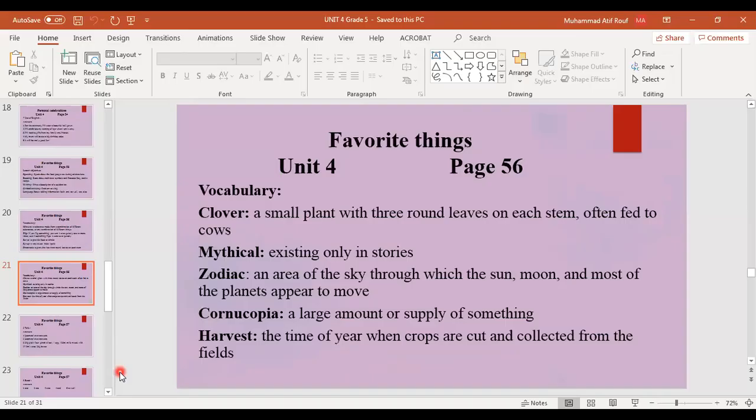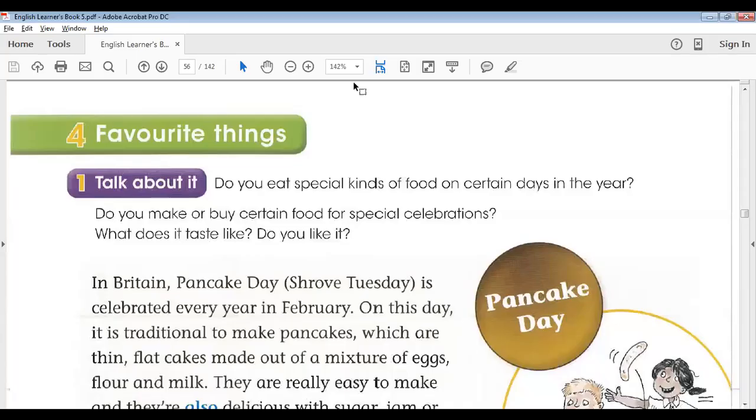So after the discussion on vocabulary words, we started the lesson and I asked the opening question to the class: do you eat special kinds of food on certain days in the year? So in our culture, if we talk about our own culture, like in Saudi Arabia, okay, we have Eid days. Every year we have Eid al-Fitr and Eid al-Adha. So on both days we celebrate the day with a special food feast.